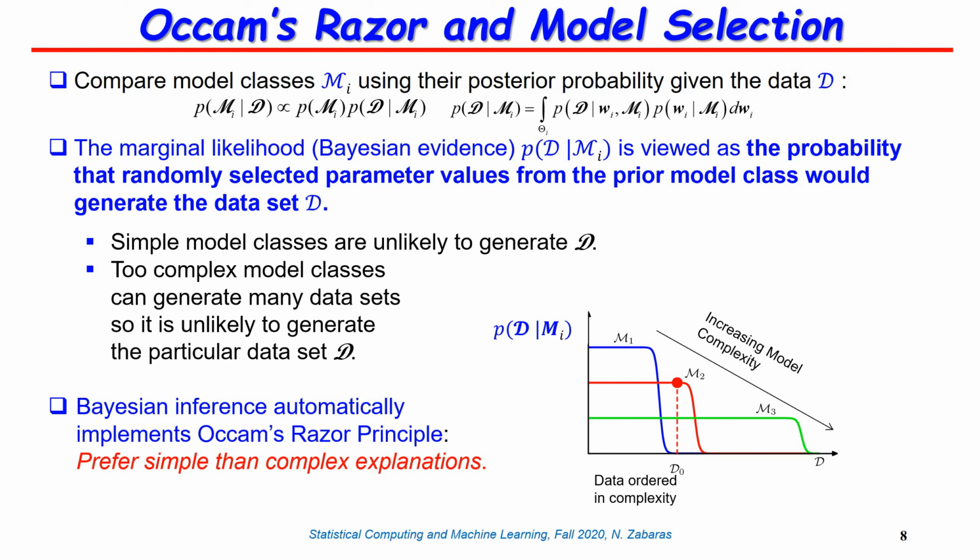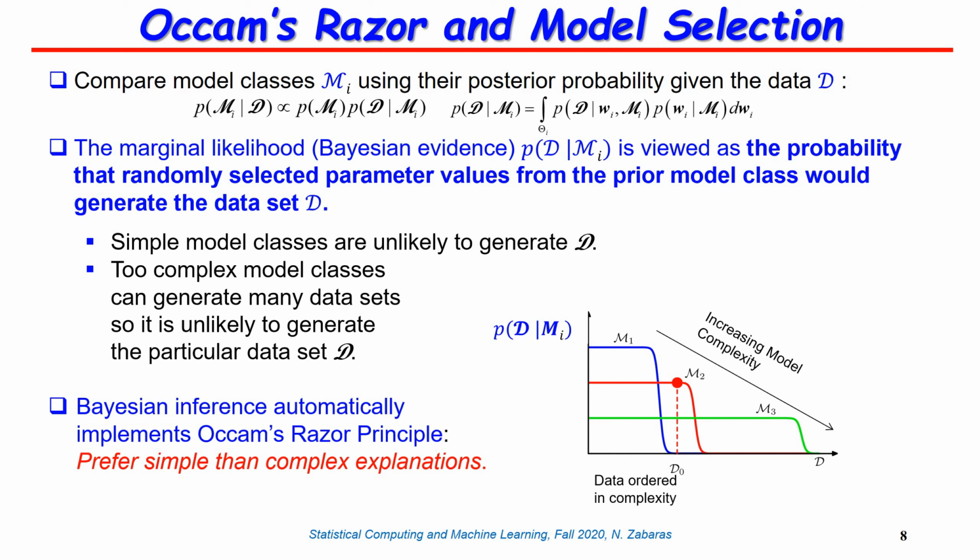So by maximizing the marginal likelihood, you are trying to do the best possible fit through your likelihood model to your data set, but at the same time, and we will see this explicitly in a few slides, you are penalizing yourself when it comes to complexity.